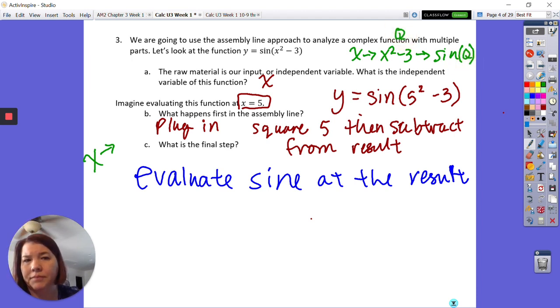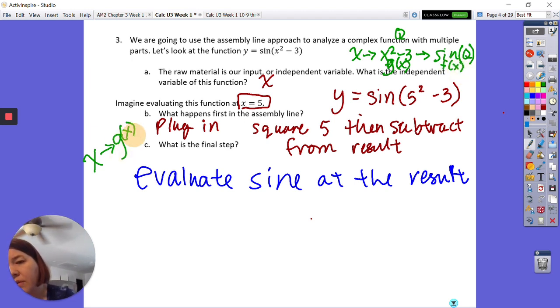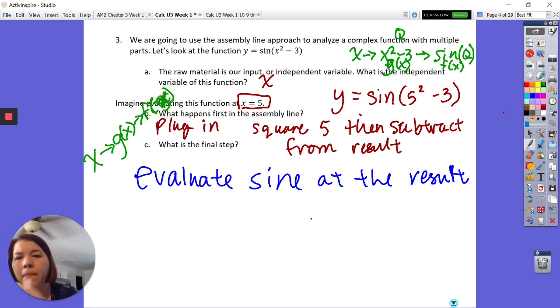So that's what happened. If we call this g of x and this f of x, it's f of g, if you will. That's what's happening.